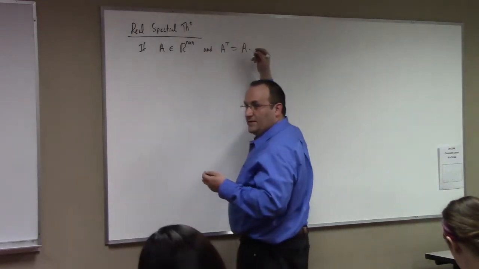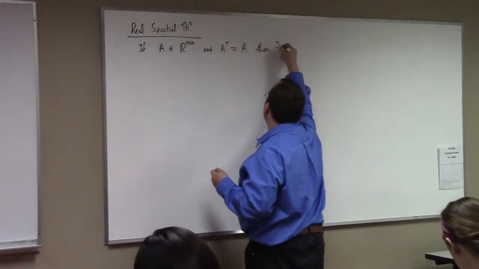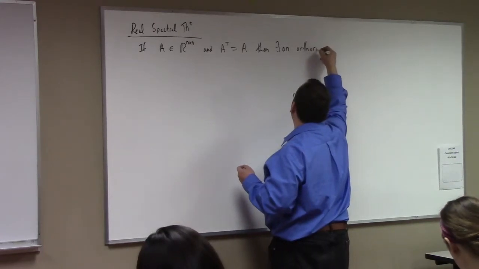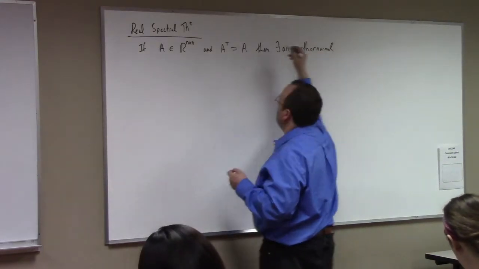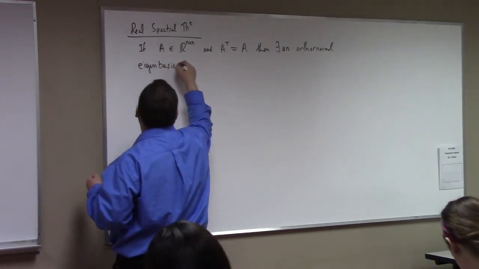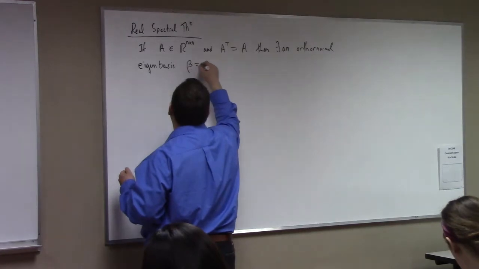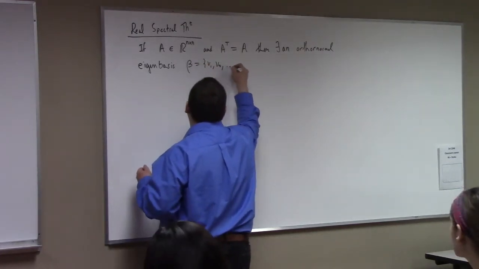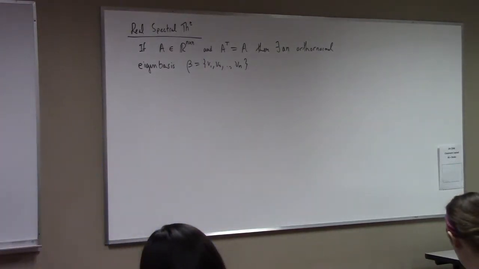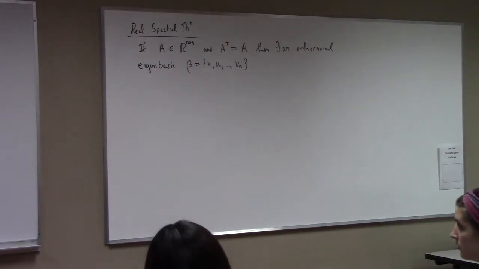In other words, it's a symmetric matrix, then there exists an orthonormal eigenbasis beta, let's say v1, v2, ..., vn, right? So in other words, you can diagonalize it with respect to an orthonormal eigenbasis, and a little bit more than that.